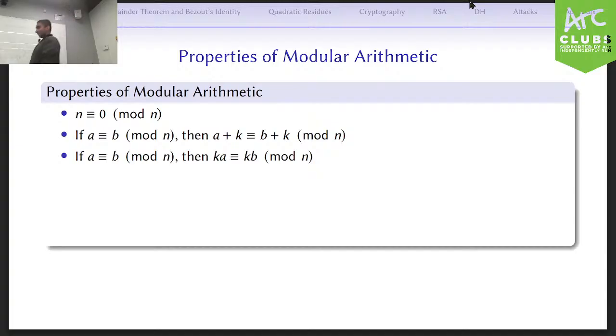Next you have this result: if A is equivalent to B in mod n, then Ka is equivalent to Kb in mod n.